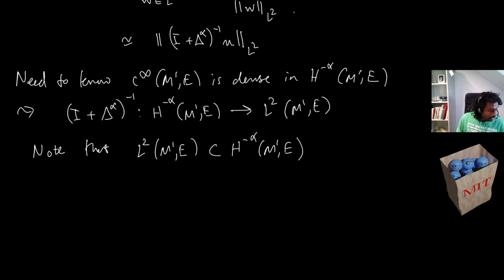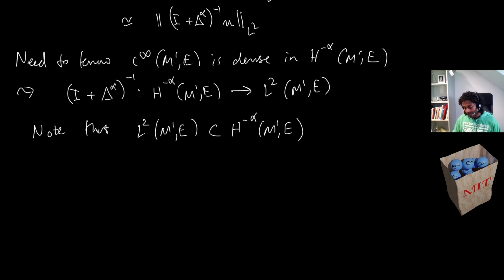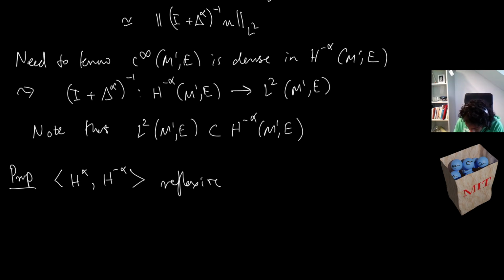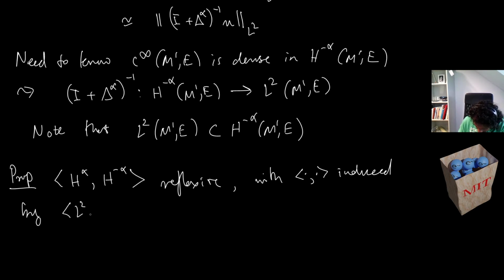Okay, so this is how we can understand these negative order Sobolev spaces. Okay, so I'll end with a proposition that's probably obvious now. H alpha and H minus alpha form a reflexive perfect pairing, with the perfect pairing induced by the inner product on L2.